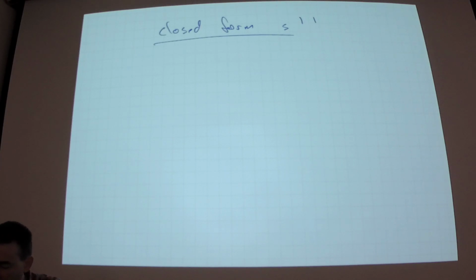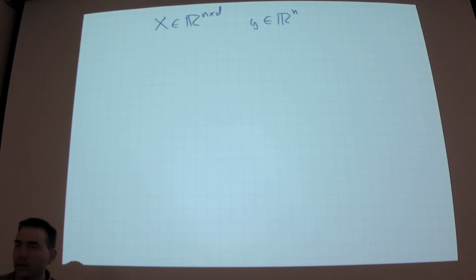Let me first write the extension to higher dimensions, where now x is in R^(n times d) and y is in R^n. So now I have d-dimensional explanatory variables.